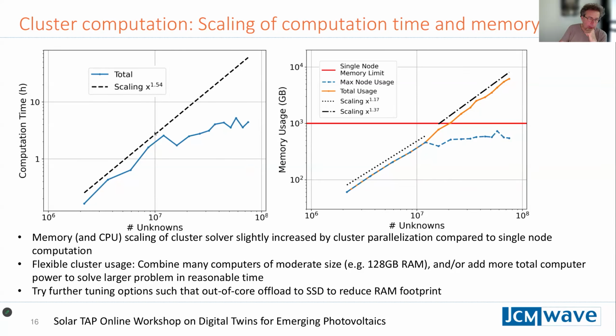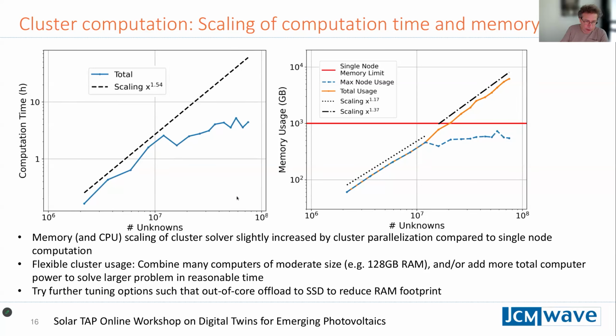But then at something like 10 to the 7 unknowns, it gets even better. And this is due to the setting here that at a certain memory limit of probably 128 gigabyte, I guess it was here, the computation is distributed to several nodes.